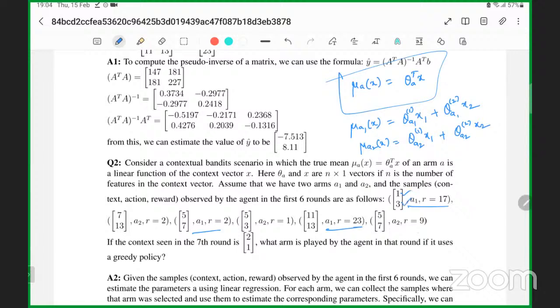So we get one equation with that particular sample: theta A1 of 1 into 1 plus theta A1 of 2 into 3 is equal to 17. This is a sample.